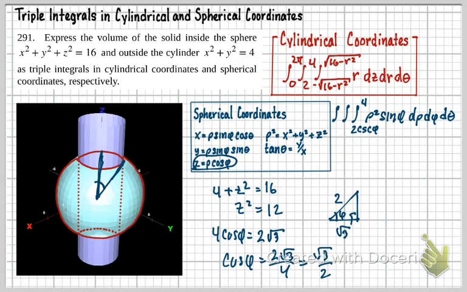And there's my right triangle. That means this is going to be a 1 over on this side. So this angle phi then is going to be pi sixth. So my phi is pi sixth. And that's where I start.